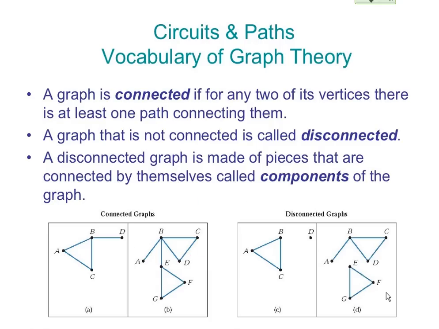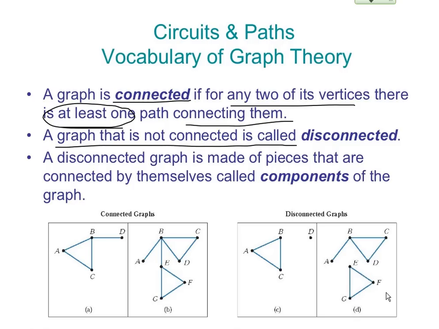A graph is connected if for any two of its vertices there is at least one path connecting them. Another way to talk about that is disconnected. If they're not connected, they must be disconnected. So here are two examples of disconnected graphs.